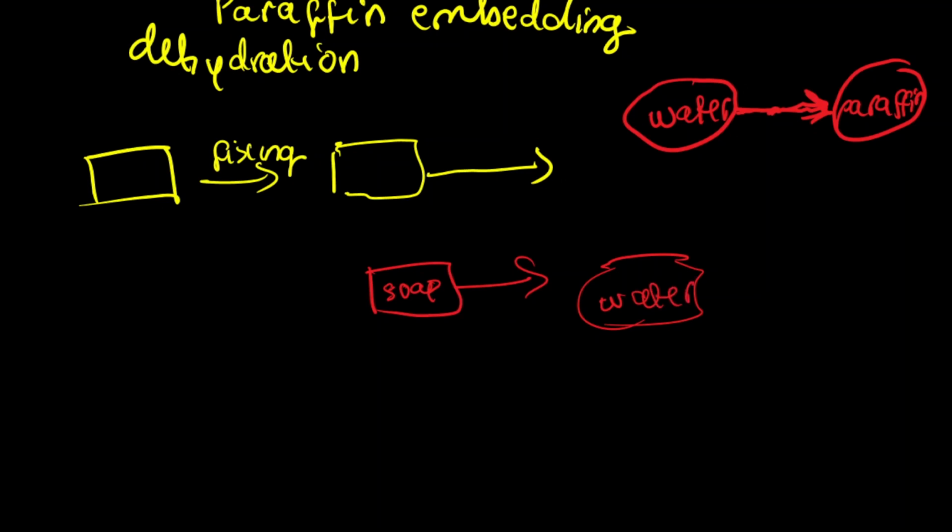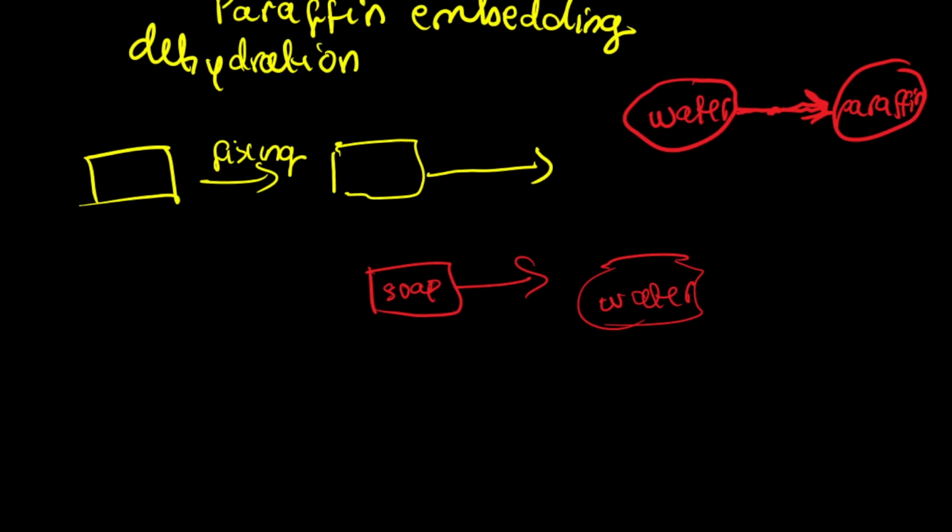And this is only possible because the soapy foam is soluble in water, and so over time it can be rinsed off. This idea also applies for the paraffin embedding. So we need a substance that is soluble in water in order for us to replace water with that substance.